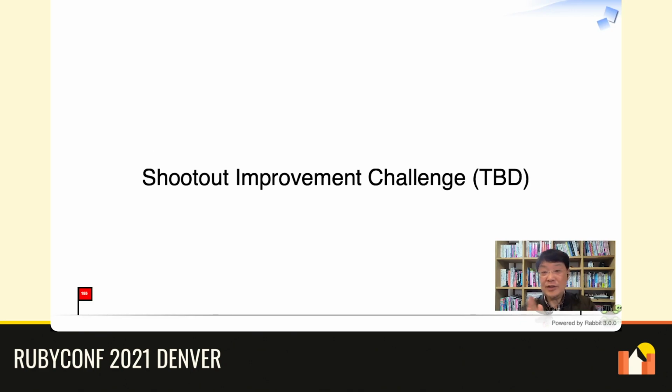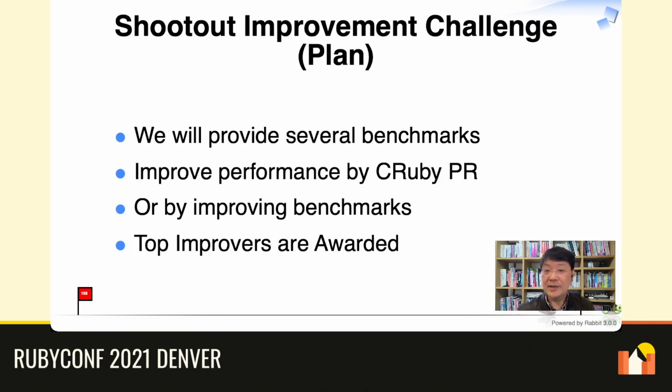In addition, we are going to have some kind of shootout improvement challenges. A shootout improvement challenge means that we will provide several benchmarks, including micro benchmarks and web application benchmarks, and then you improve the performance of these benchmarks by CRuby pull requests or by improving the benchmarks.